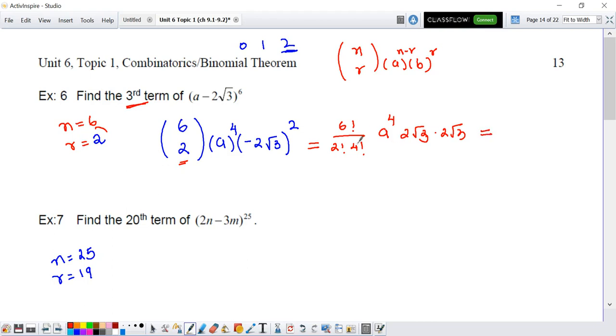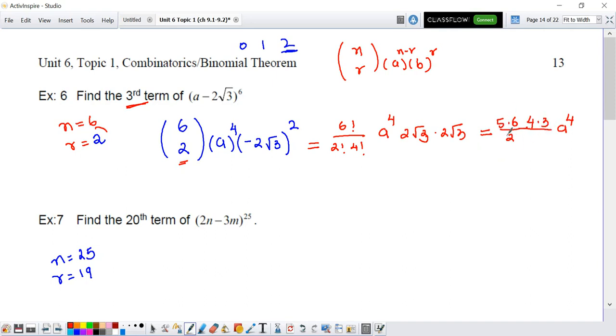Here we have to find the entire term, so you need every single thing. First, I'm going to write down a to the 4 so that we can simplify the factorials and the coefficients. 6 factorial divided by 4 factorial means you have 5 times 6, the 4 factorials get cancelled. 2 factorial is 2, 2 times 2 is 4, and root 3 times root 3 is 3.